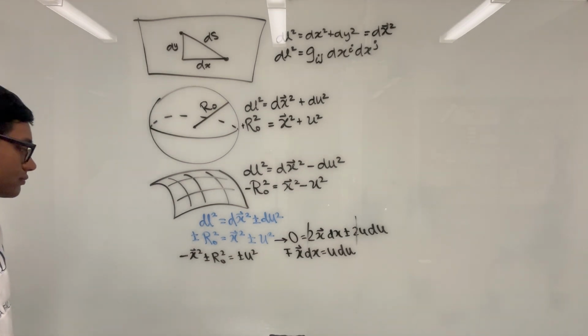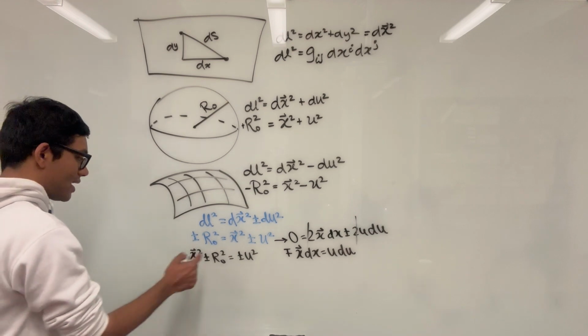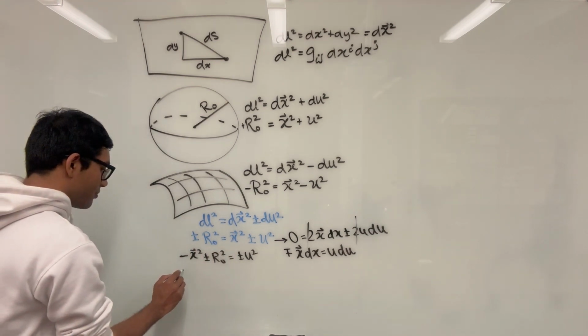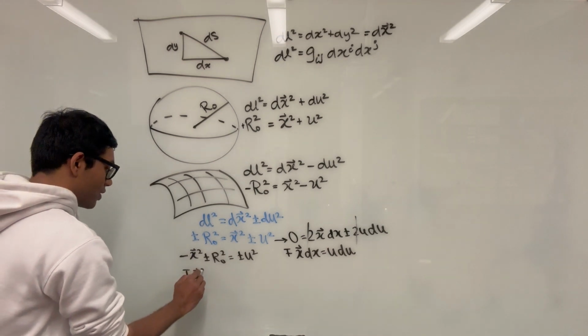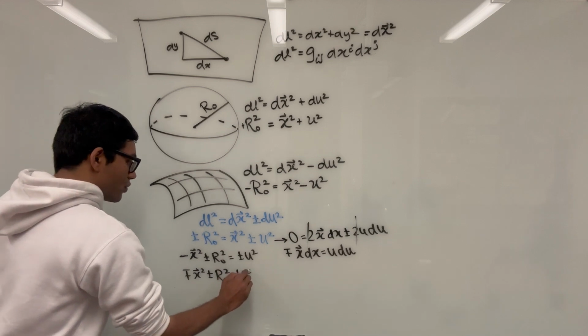Okay. Now, what I'm going to do is take this to the other side. So the plus minus is now going to become, once again, a minus plus x squared plus minus r naught squared is equal to u squared.